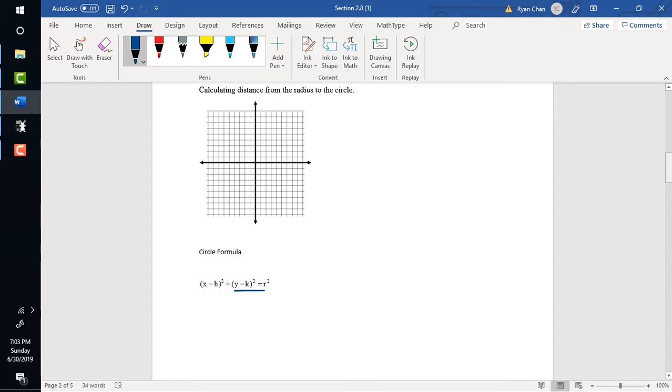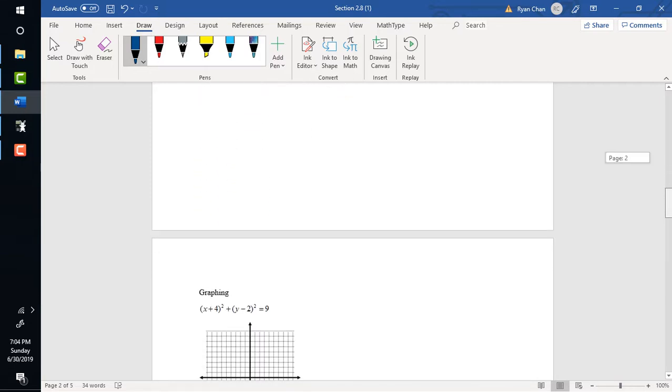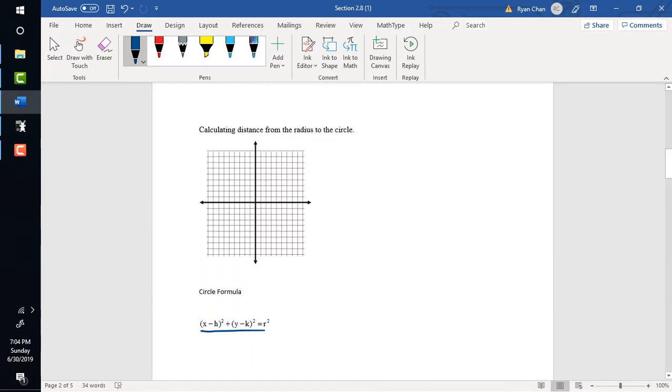It's x minus h squared plus y minus k squared is equal to r squared. Okay. And what does this mean? Okay, so you have h comma k. That is the center of your circle. And then you have r squared, or r, which is your radius, okay?